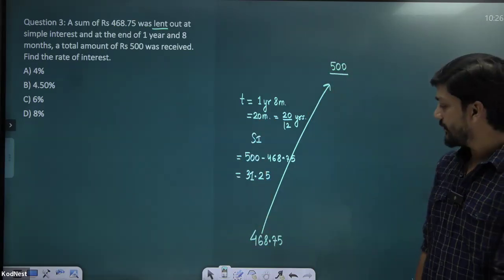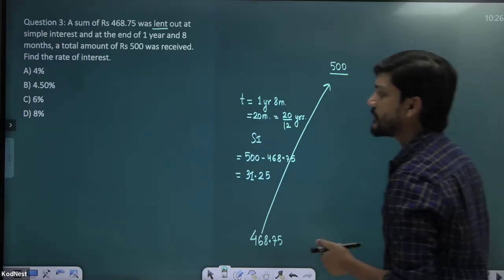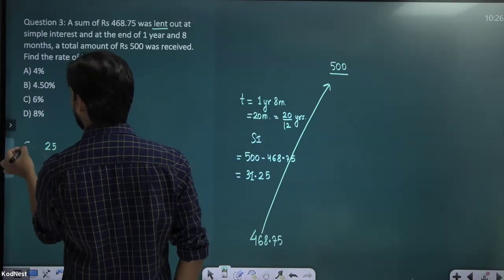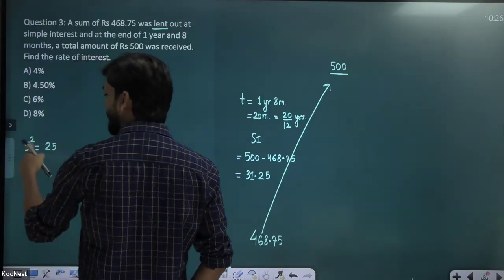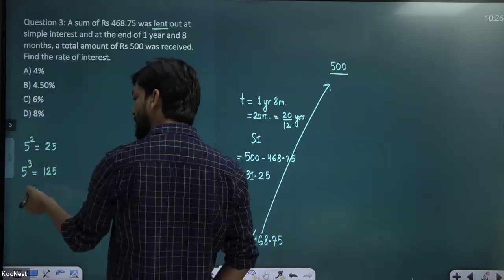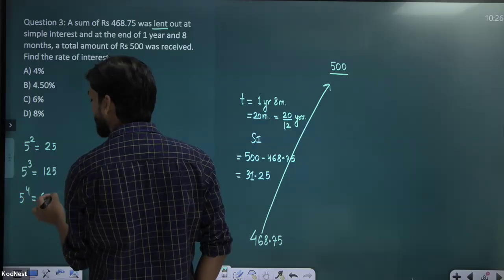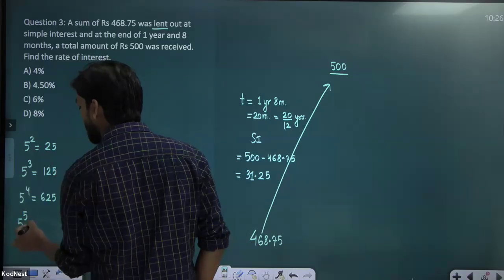All right. Now carefully see once. I'm writing a few values. 5 square is 25. Again multiply by 5, I will get 5 cube. Again multiply by 5, I will get 5 power 4. Again multiply by 5, I will get 5 power 5, which is 3125.